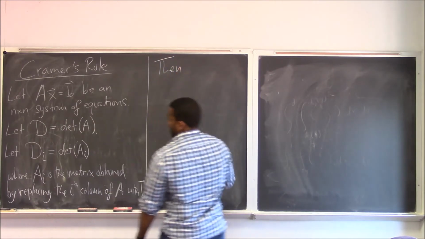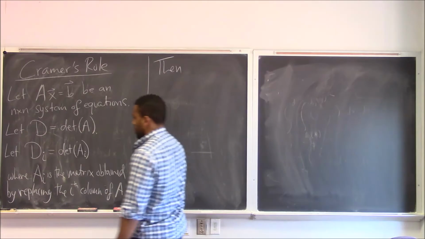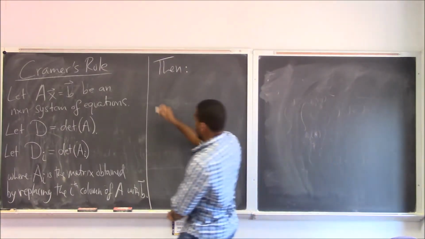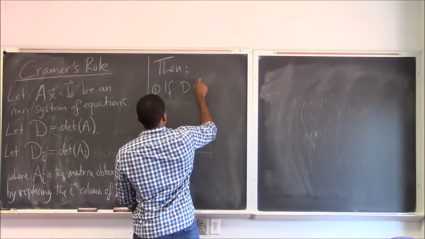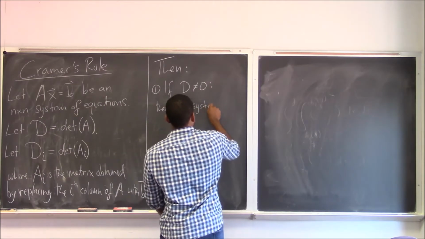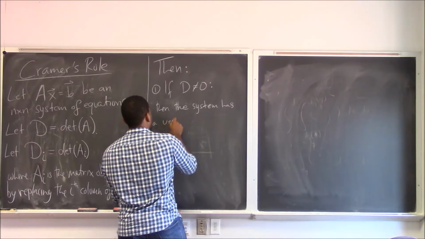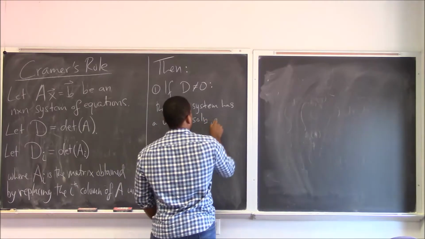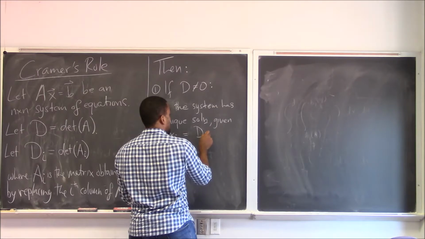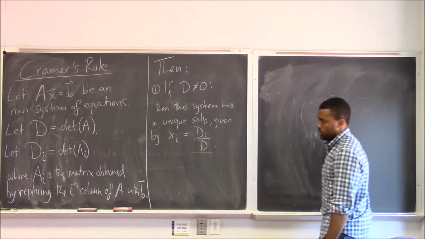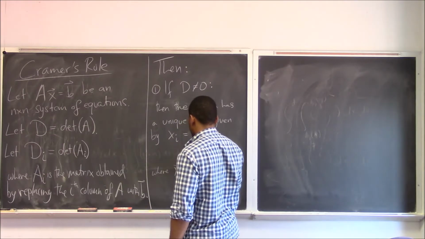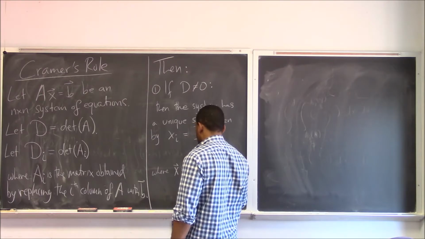Then we have three cases. One, if D is not equal to 0, then the system has a unique solution, given by xi equals Di divided by D. This is where I'm thinking of the vector x as just a bunch of components, x1, x2, x3, all the way down to xn.